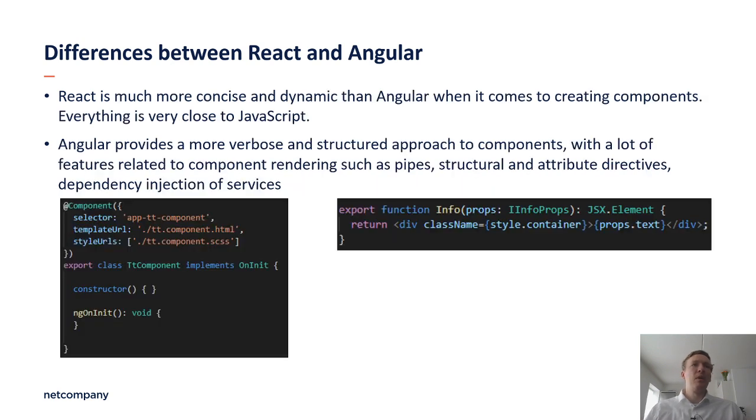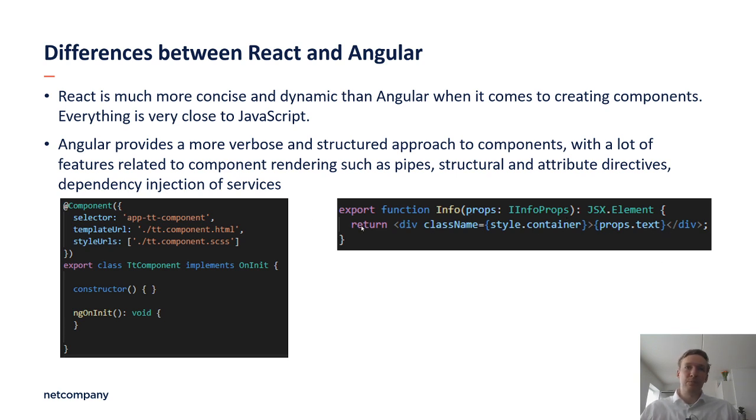I'd also say that when you're building a React application, it's much more concise and dynamic than Angular when it comes to creating a component. And it's really close to JavaScript. If you look at the two pieces of code here, this info component is just a simple function which returns some HTML.